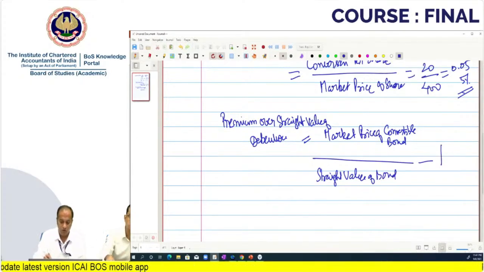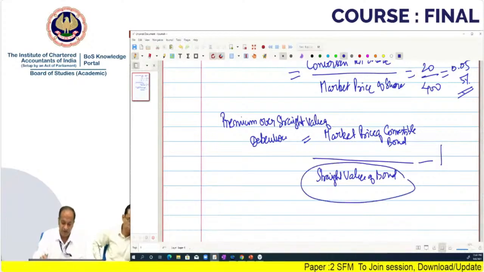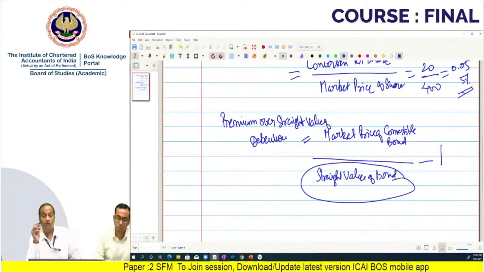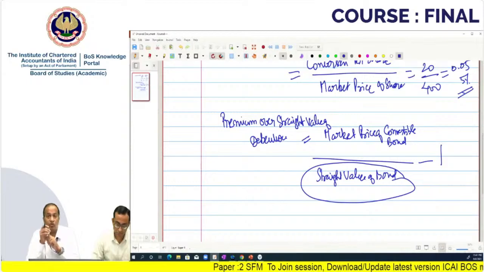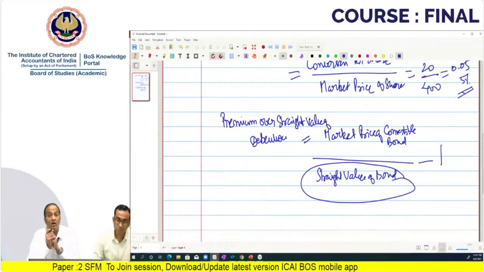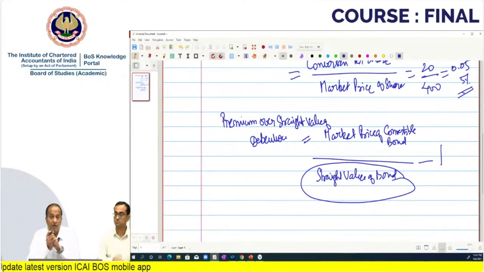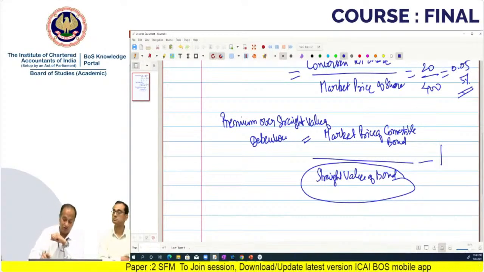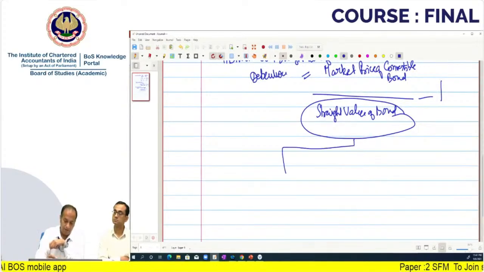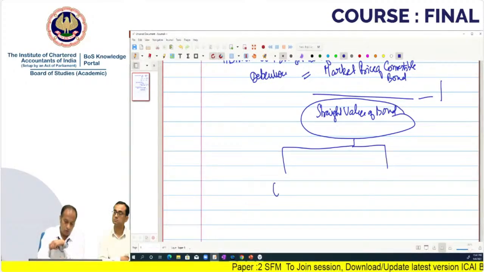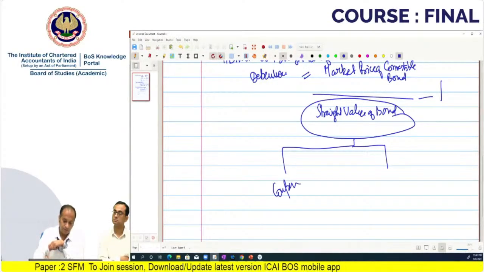Now student, the question arises, what is this straight value? Straight value means if we buy the debenture and keep it with us till its maturity. And when we are keeping it till its maturity, of course we are getting its coupon and, of course, the maturity value.